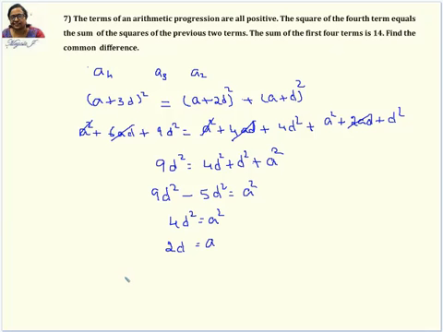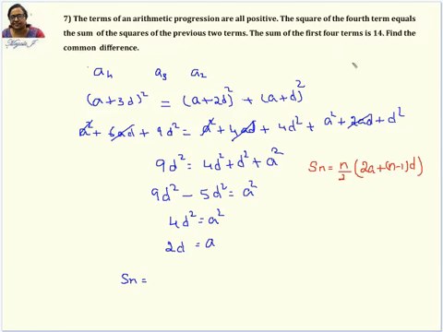Sum of the first 4 terms, you can apply the formula directly. We know the formula. What's the formula? Write it out separately. The formula is Sn equals n by 2 times 2a plus n minus 1 times d. Now you apply that formula here. N is what?